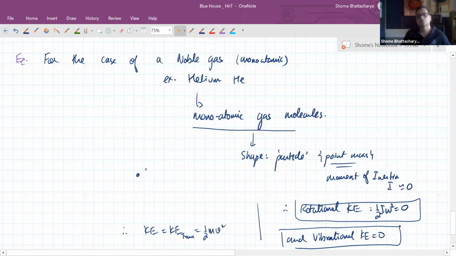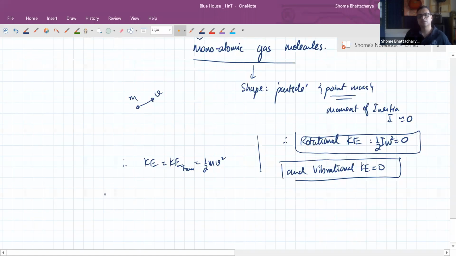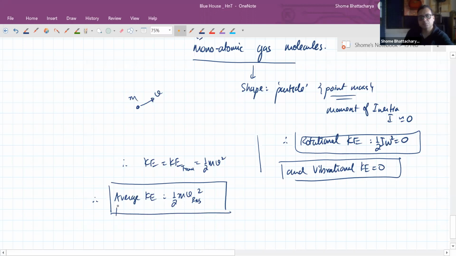A single molecule of mass m has a kinetic energy like this. So the average kinetic energy per molecule for a monoatomic gas or a noble gas like helium or argon is given by half m Vrms square.